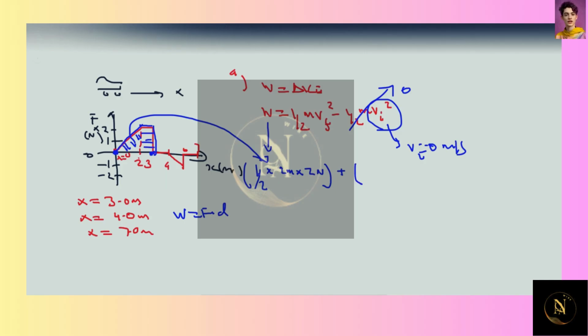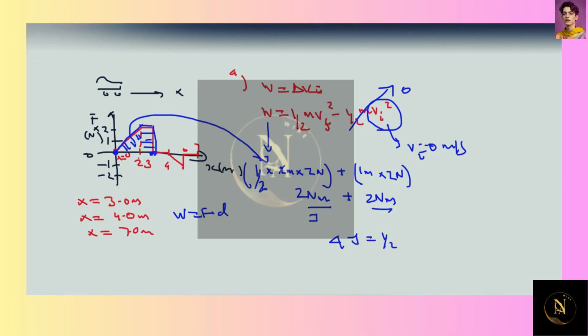The base happens to be 1 meter from 2 to 3, and the height is 2 newtons. So the total area, we have 2 newton meters plus 2 newton meters. Remember, a newton meter is another name for a joule. So we have 4 joules.